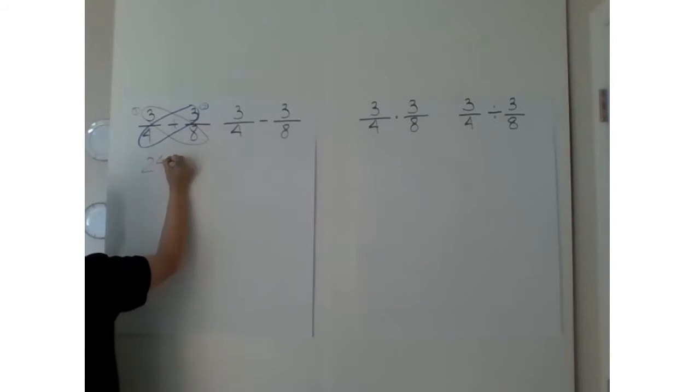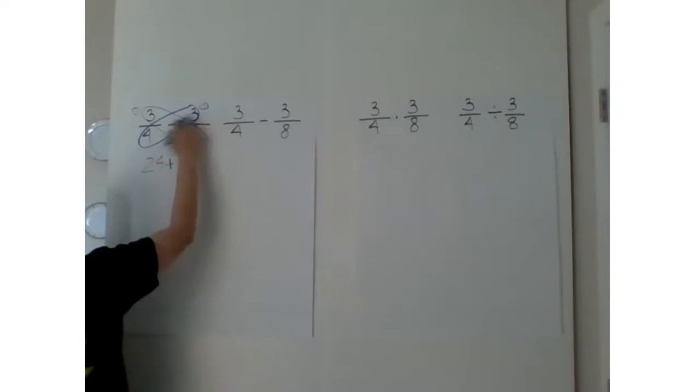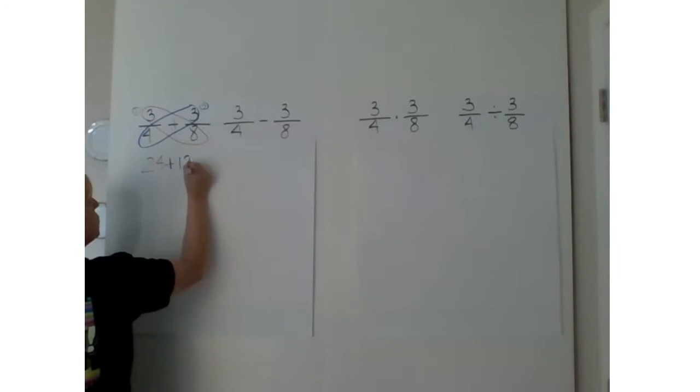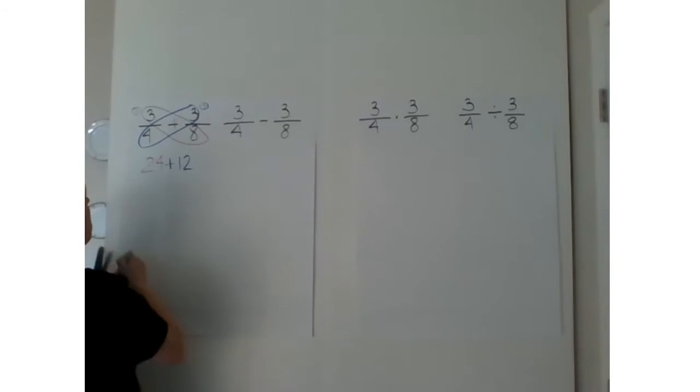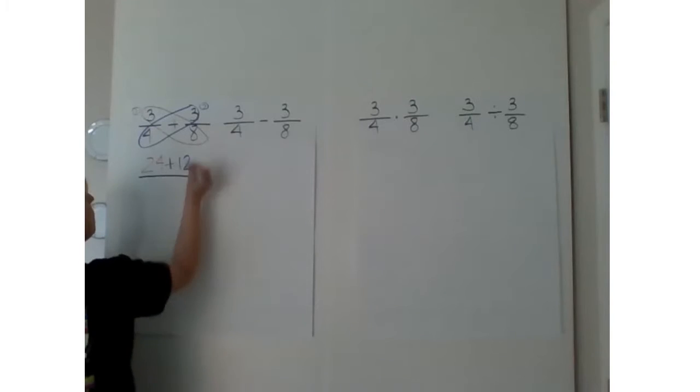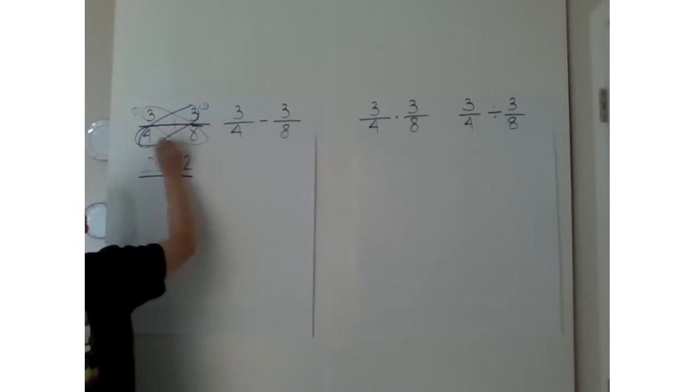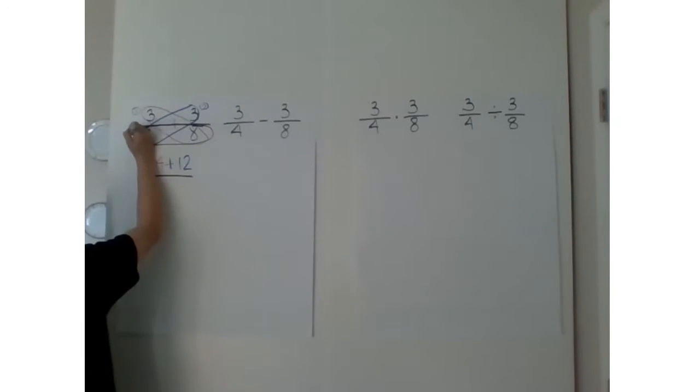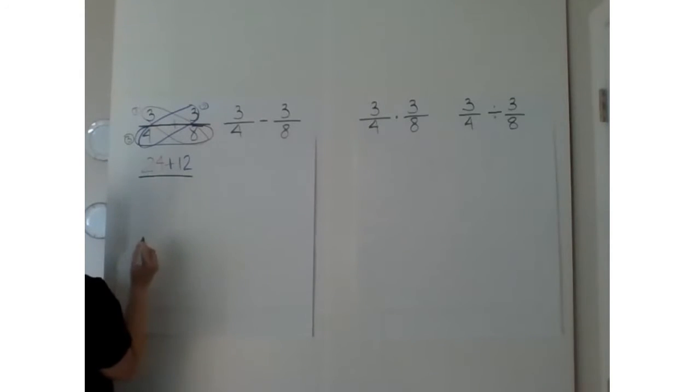Because there's an addition in the middle, we're going to add here, and 3 times 4 is 12. And we're going to put that all over multiplying 4 times 8, so this is my final step, which is 32.